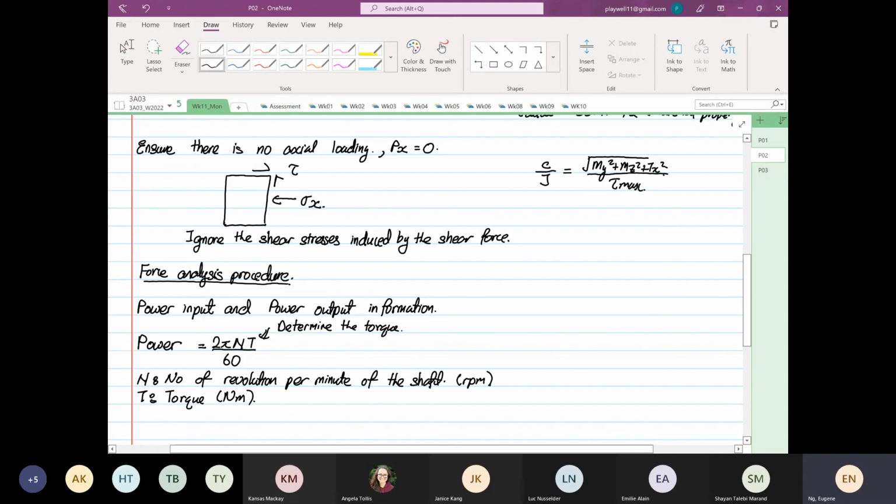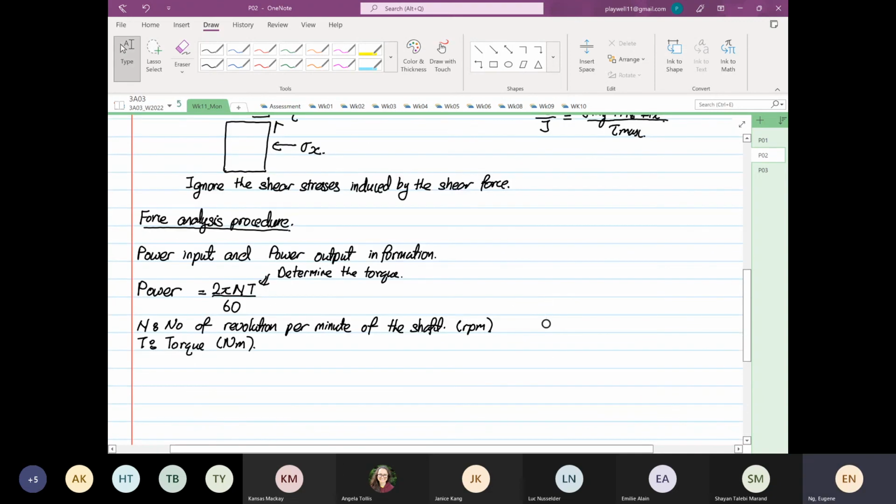Once you determine the torque, we then use another formula. We know torque is equal to force multiplied by what? Radius. We know this also. So the objective over here is to determine the force.